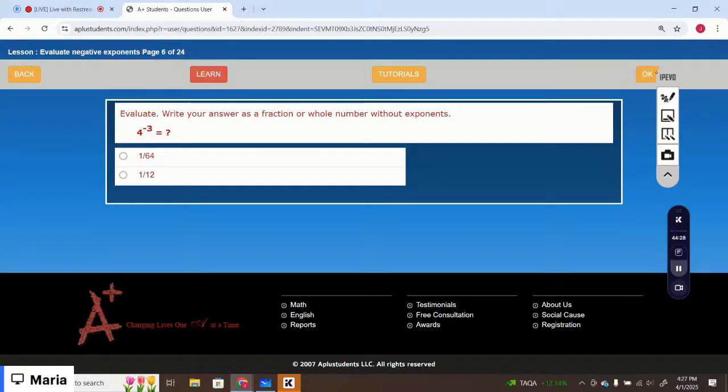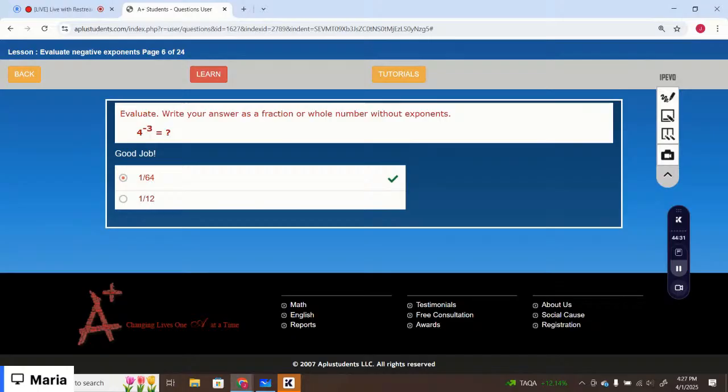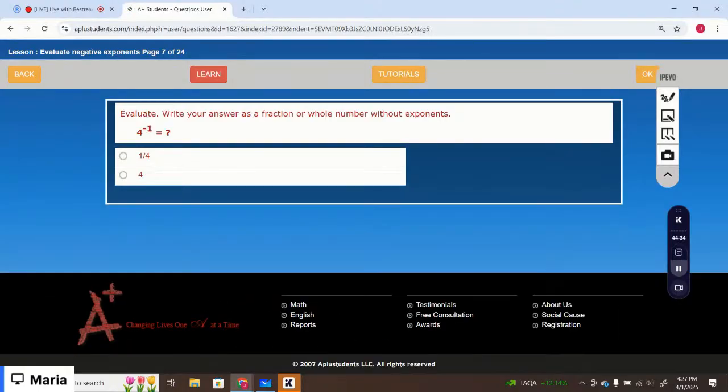Option number 1 is the correct option. 4 exponent negative 1. Option number 1 is the correct option.